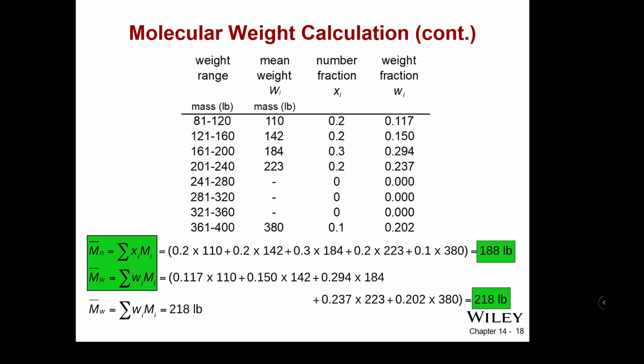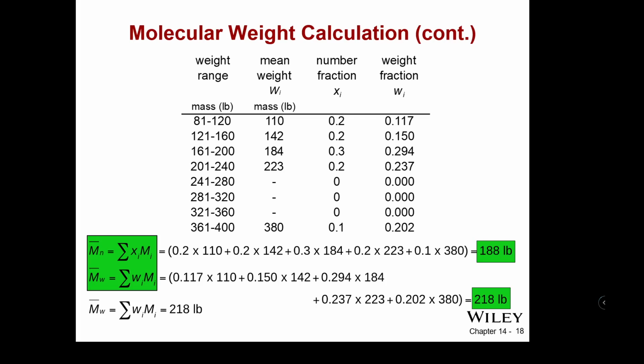So the way that this works, the average would be, recalculating this, the 110, 142, 184, 223, and 380 multiplied by our fraction numbers. So our number fractions, the 0.2, 0.2, 0.3, we have to calculate all of those all the way along. So those are weighting factors, gives us 188 pounds for the average.